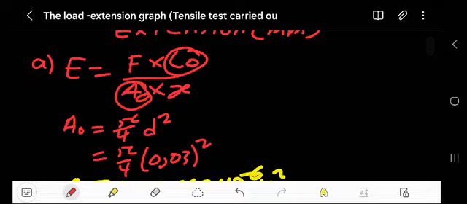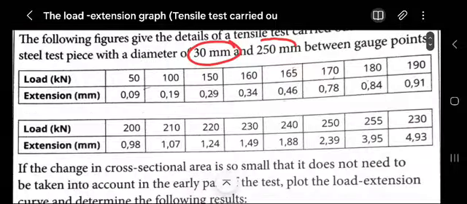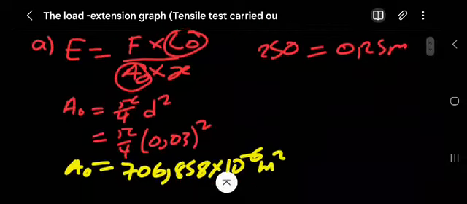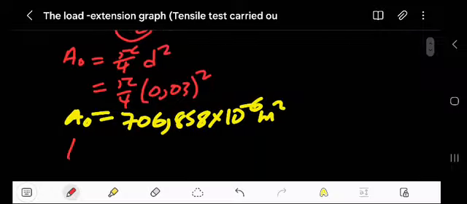The length we know it was 250. The one you've given will be 0.25 meter, the original one of the test piece here. We're using the original. So E will be equal to the force.